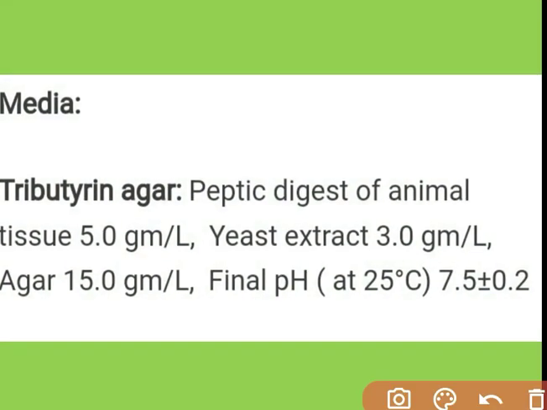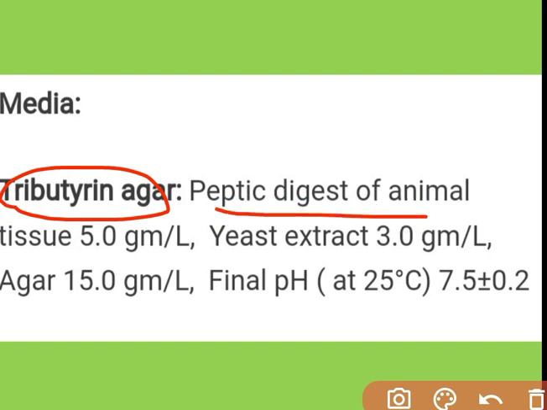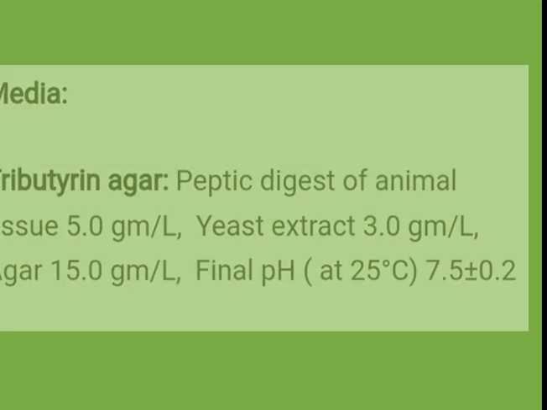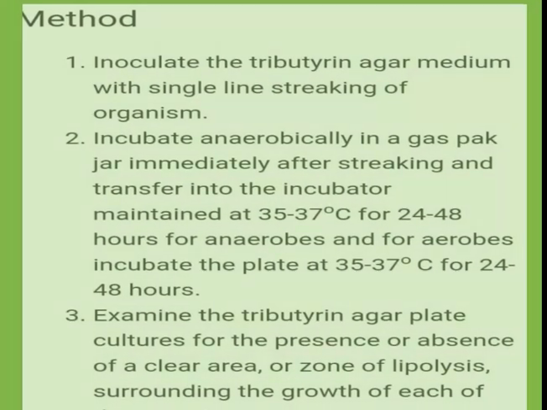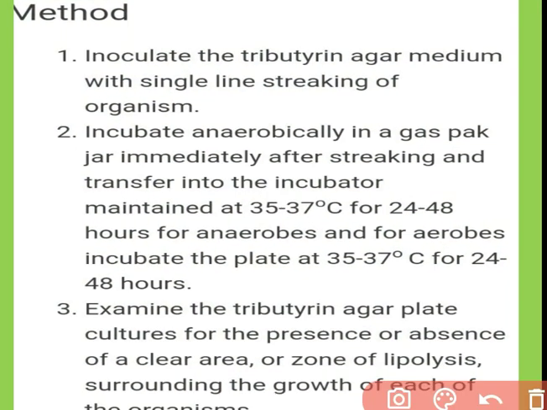The medium for this test is tributyrin agar. Its composition: peptic digest of animal tissue, yeast extract, and agar-agar powder. Procedure: inoculate the tributyrin agar medium with a single line streaking of the organism.